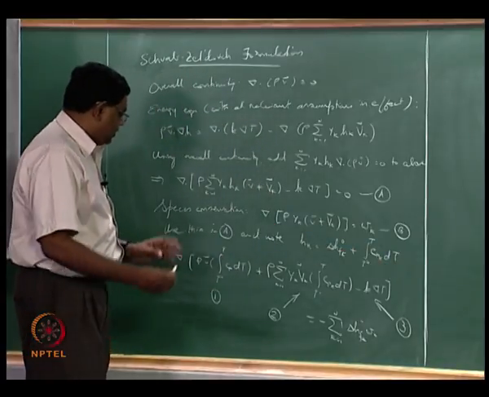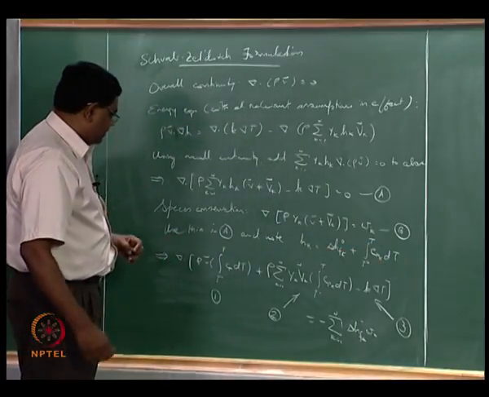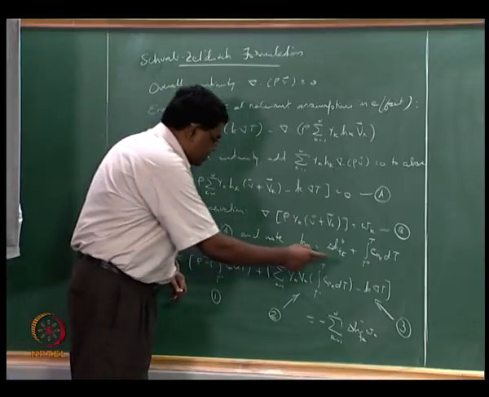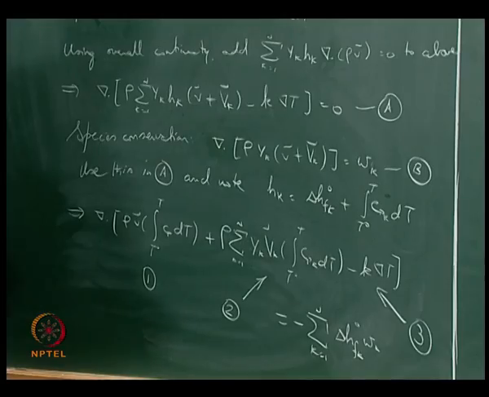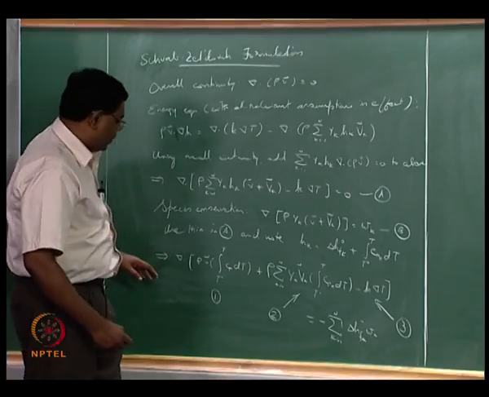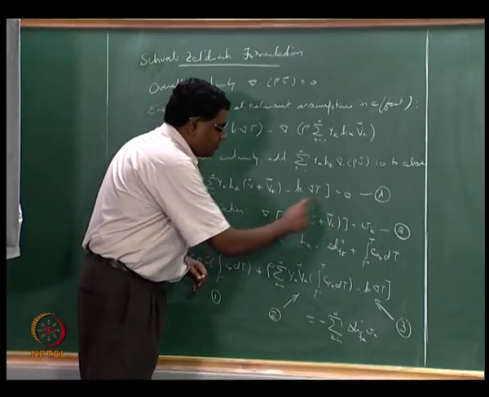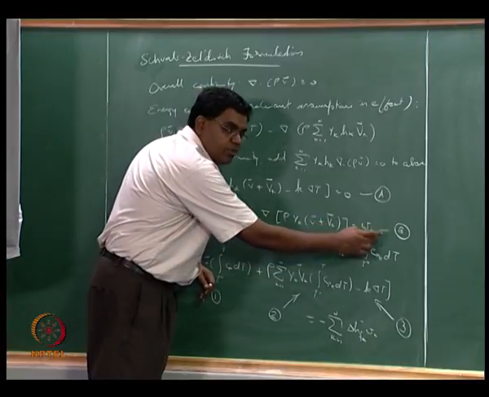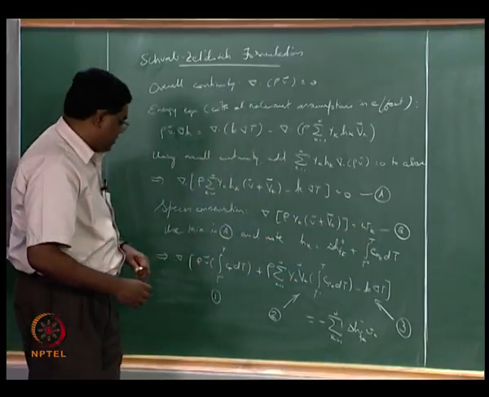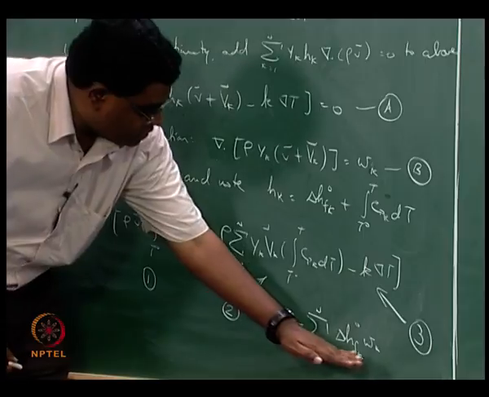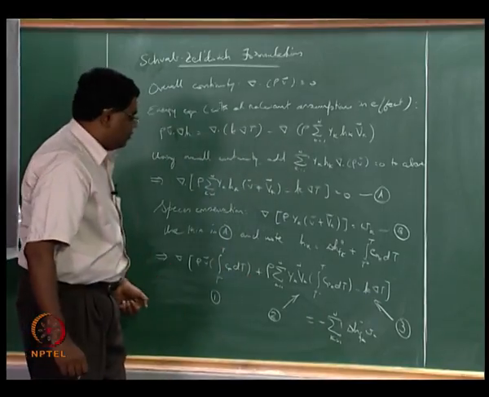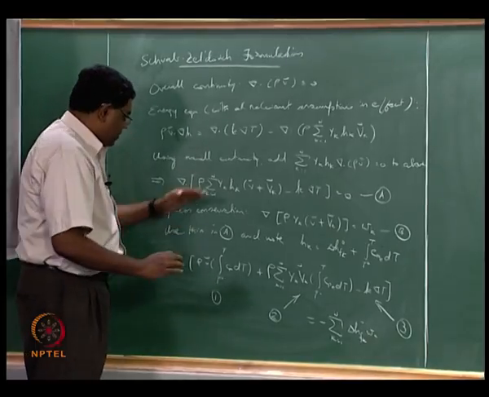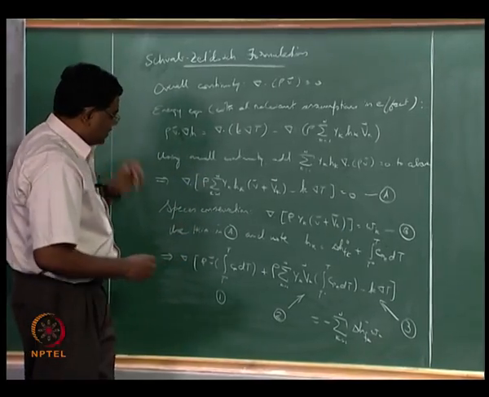You plug that in, and for the term with the standard heat of formation alone, you use this equal to wk. If you did that, you would get this taken to the right hand side with a negative sign, and the remaining you keep as it is.